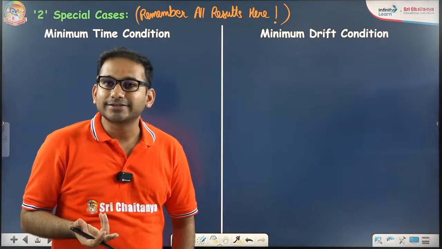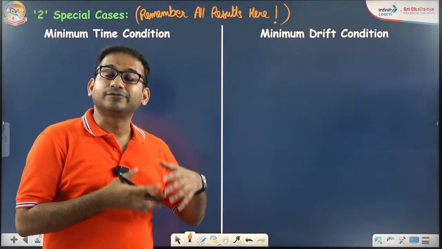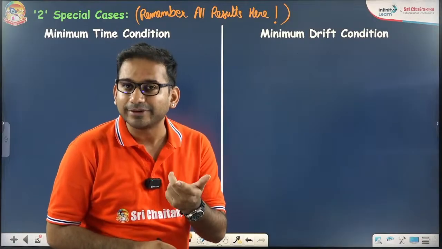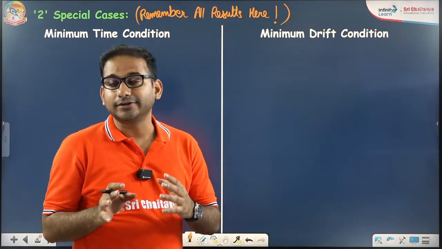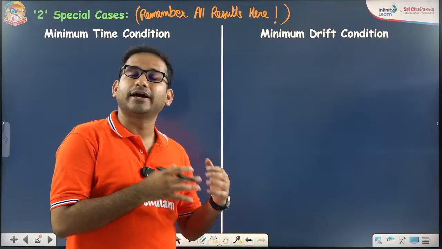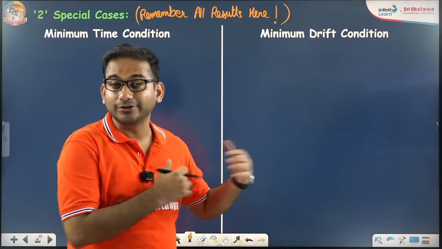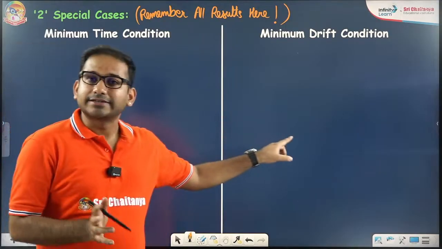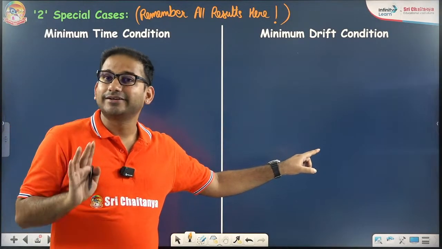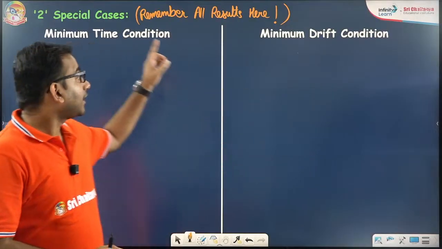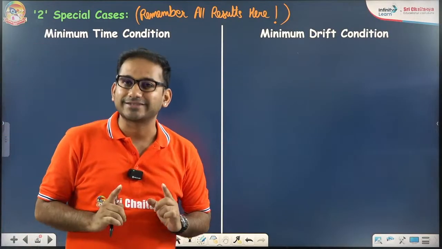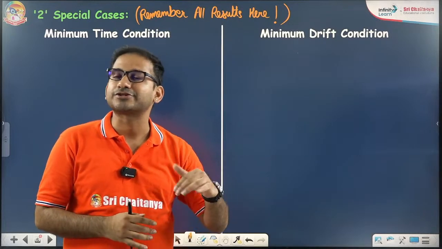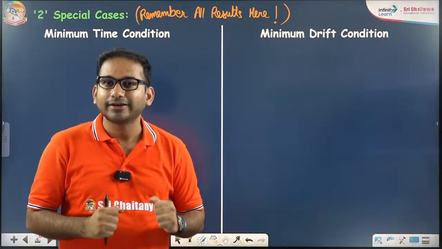Obviously you will understand this also, but if that is the special case, I'm calling it a special case, so let's give it a special treatment. Till now I didn't instruct to remember any of the formula in today's lecture. Okay, now one by one I'll explain these cases to you. You will understand it well, but at the same time I'm instructing you to remember these results. It is going to save a lot of time in the NEET exam if any question comes from this topic, and definitely we are expecting.